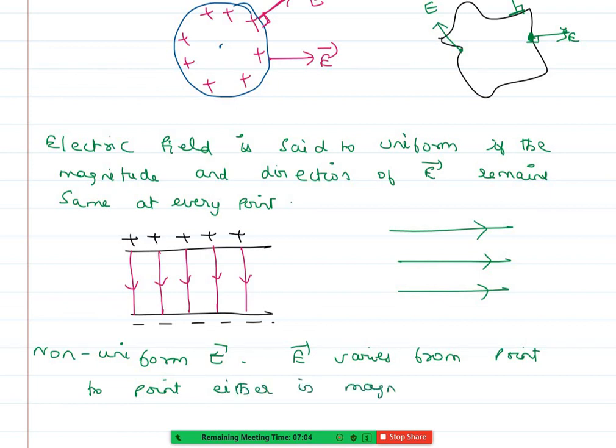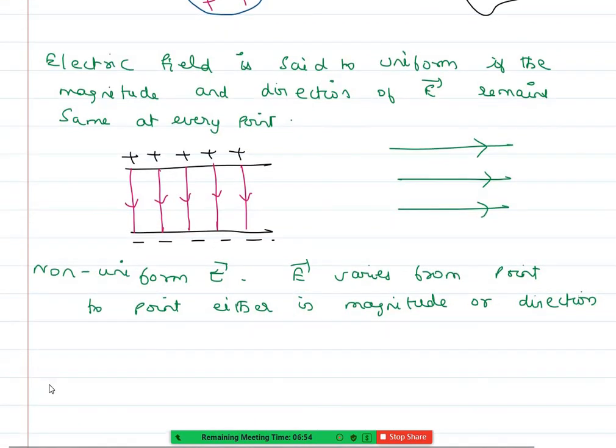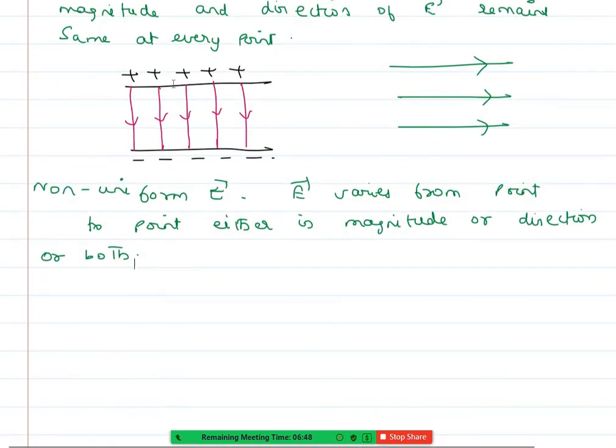Both ways are possible, right? So either in magnitude or direction or both. Non-uniform electric field lines can be converging, diverging, or both.